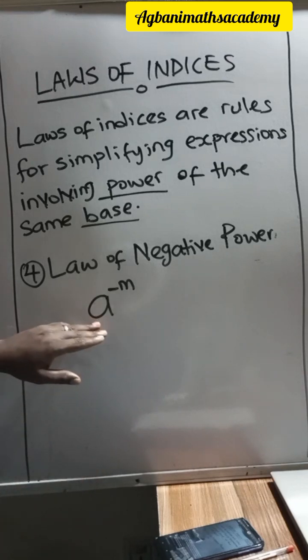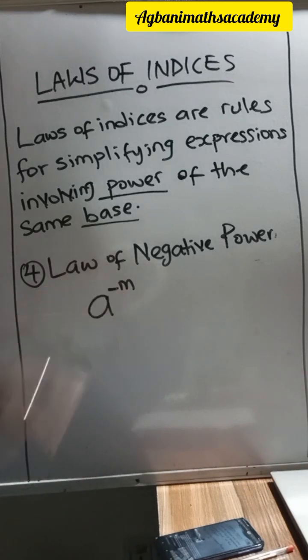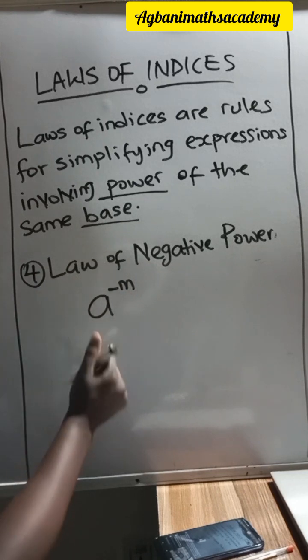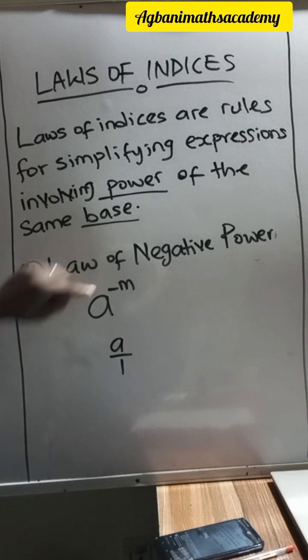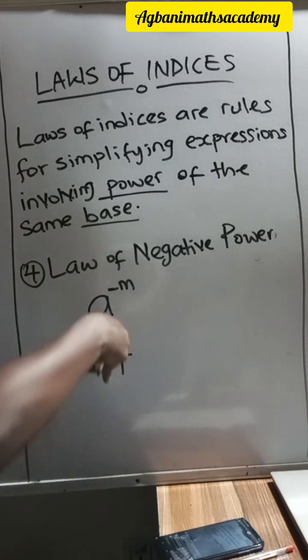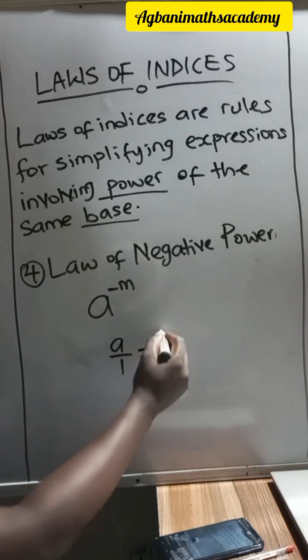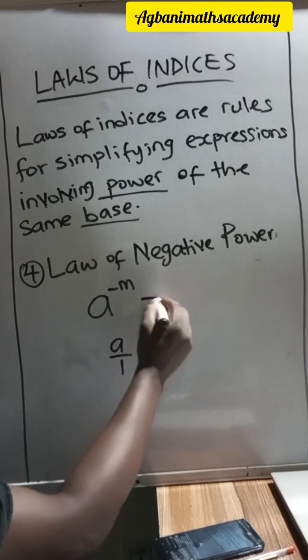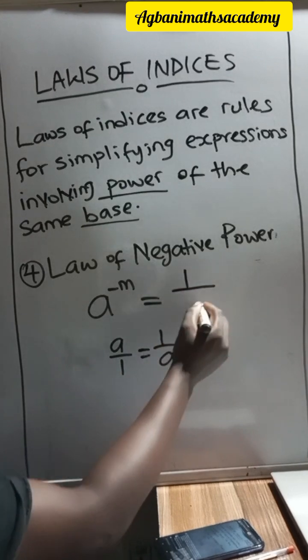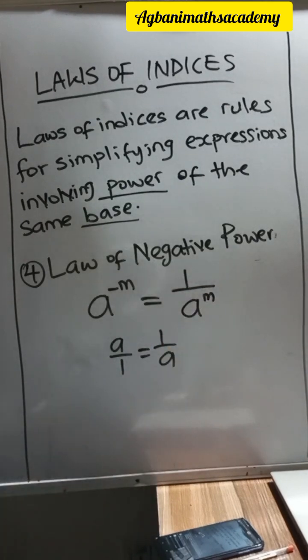Remember, every number including a is the same thing as a all over 1. So to eliminate this negative, you just turn this to become 1 all over a. So a to the power of minus m is the same thing as 1 all over a to the power of m. This is the law of negative power.